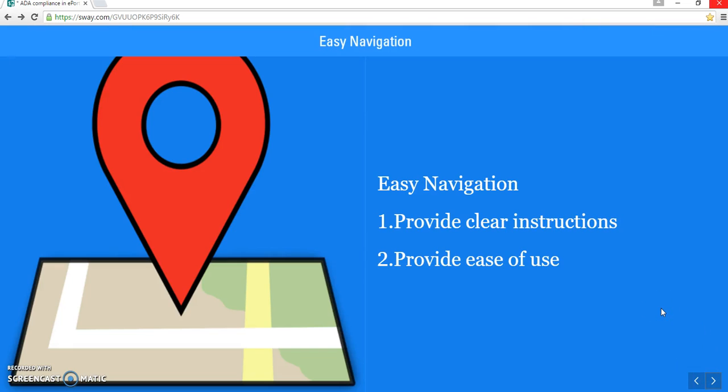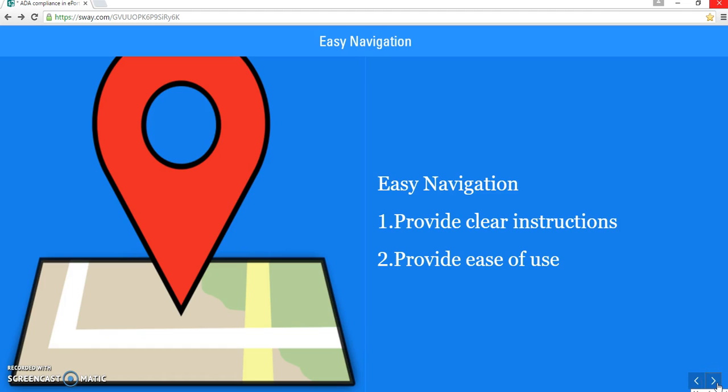Another important thing is how easily the website or the content is accessible navigation-wise. Students should be provided clear instructions. In general, we should always keep in mind to have clear instructions, whether for students or anyone else. Provide ease of use. Things should be very clearly labeled, and there should be a proper way to guide you from one content to another.